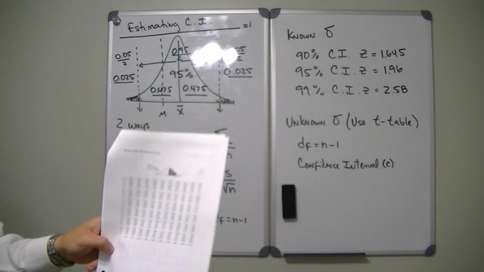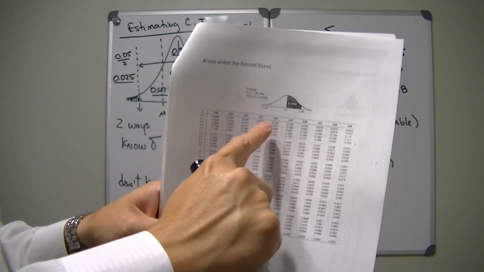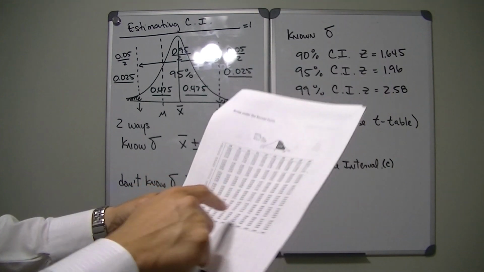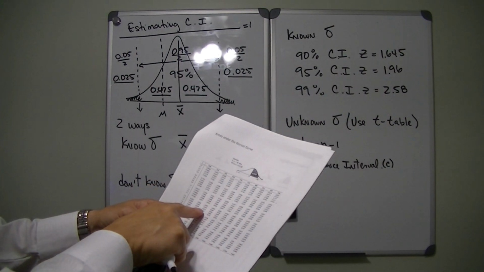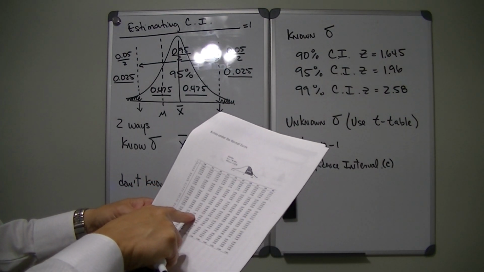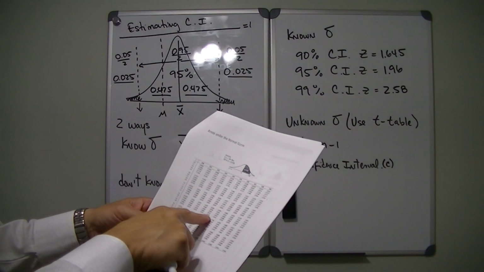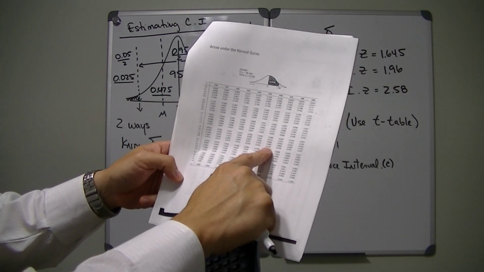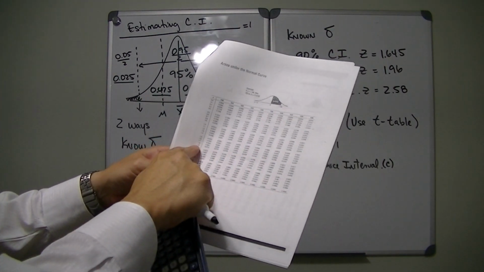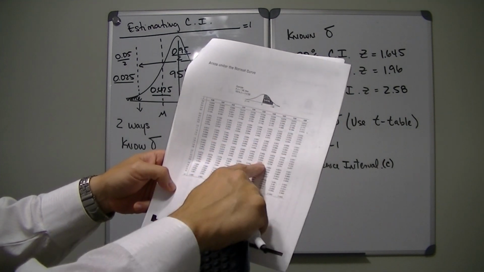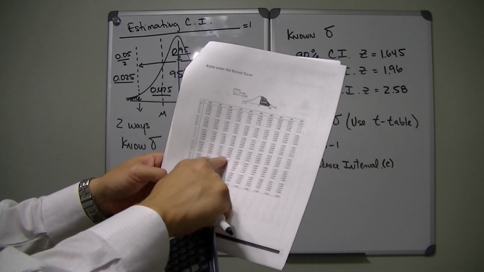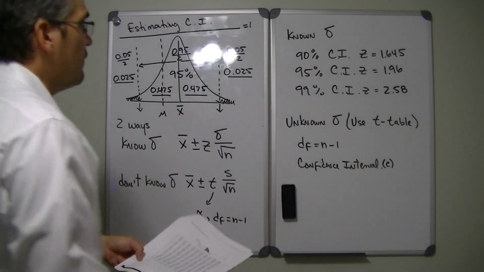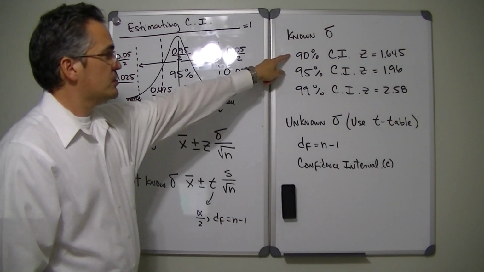So if I go into the normal table and I look for 0.475, right here, you're going to notice that the corresponding value in z is 1.96. Okay? 1.96.